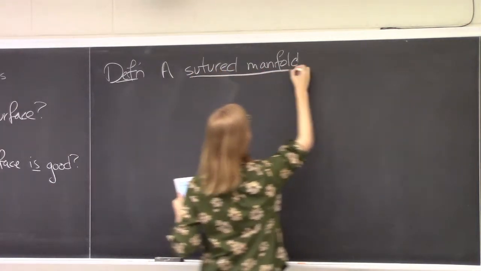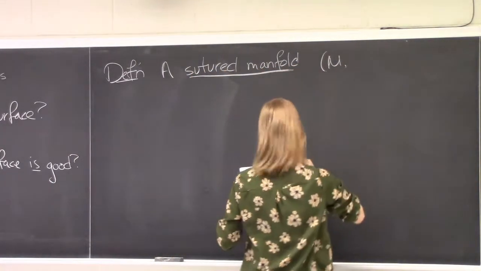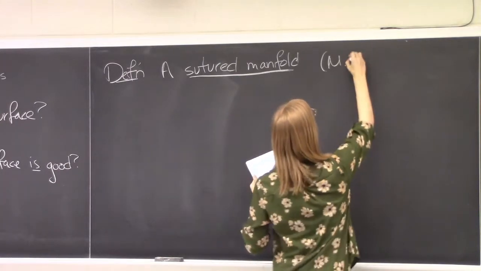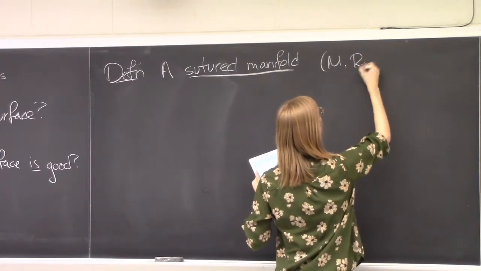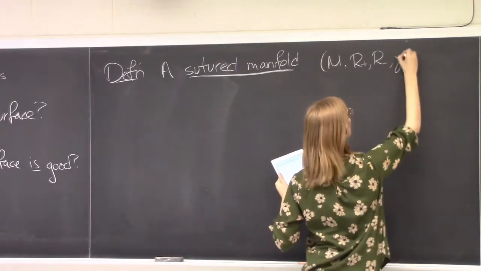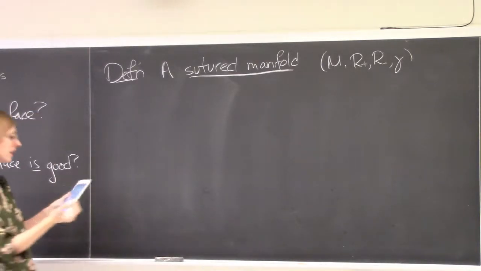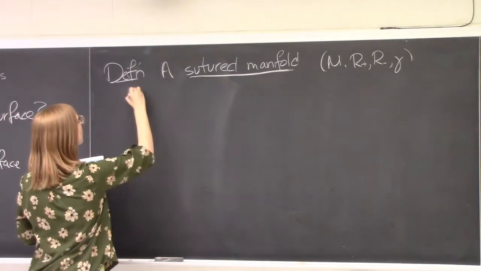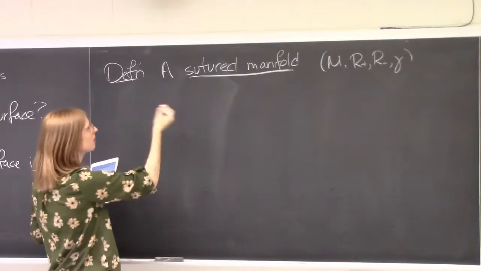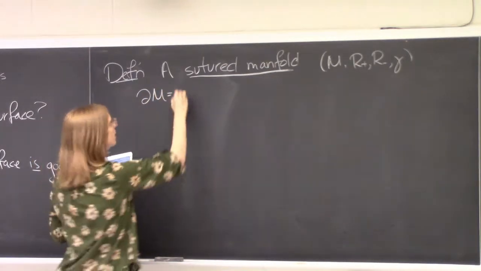A sutured three manifold is the three manifold itself, which is a three manifold with boundary. And we're going to have extra structure on its boundary that comes in the form of R plus, R minus, and gamma, where R plus and R minus are subsurfaces of the boundary.